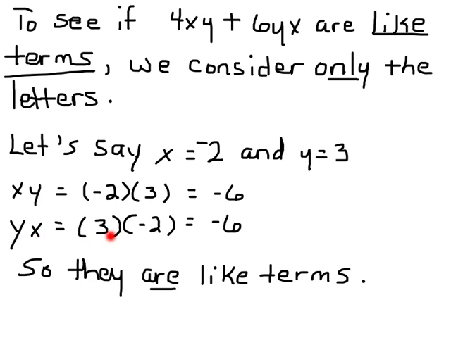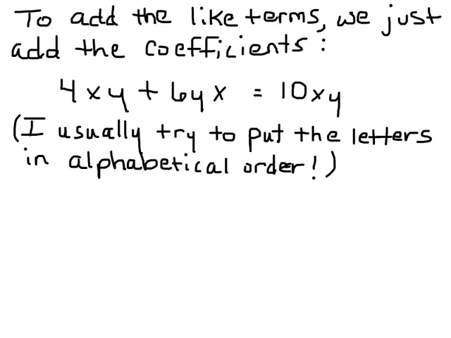Yx, 3 times negative 2 also equals negative 6. So this is why we can say that they are like terms, because if we replaced a number for that variable and we switch the order in multiplication, it does not matter the order, so they would still come out with the same answer. So they are like terms.